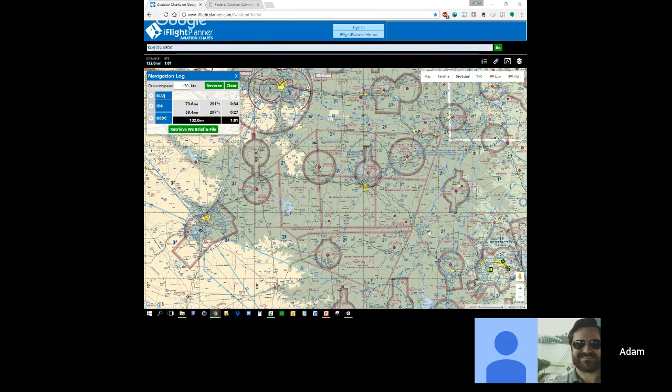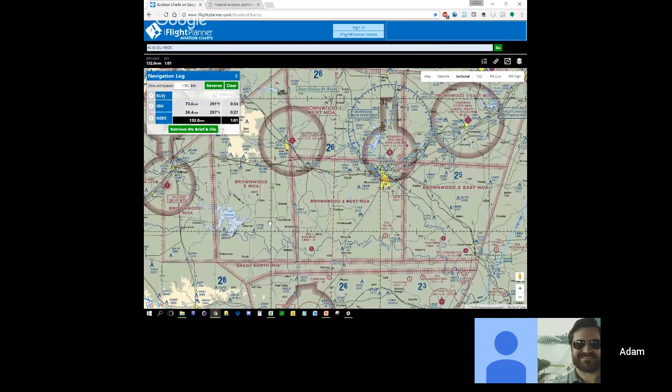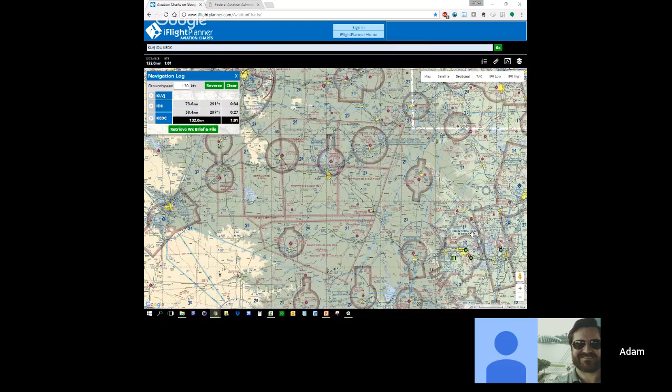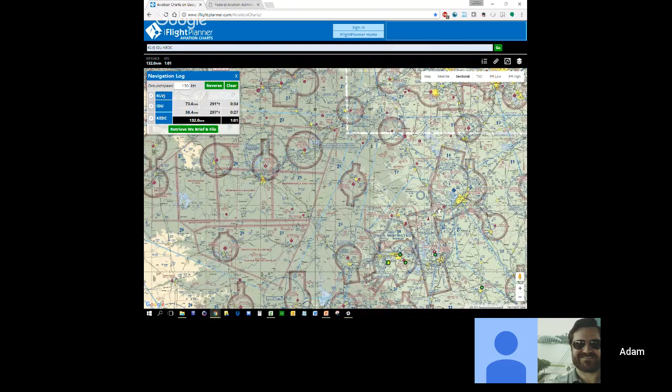If you plan to, say, fly east to west through these series of MOAs, you would probably call up Gray Approach and request, Gray Approach, November 1, 2, 3, 4, whether the Brownwood MOAs are operating or not, and they'll tell you. They'll tell you whether they're hot or cold. If they're hot, they're open. If they're cold, they're shut down.